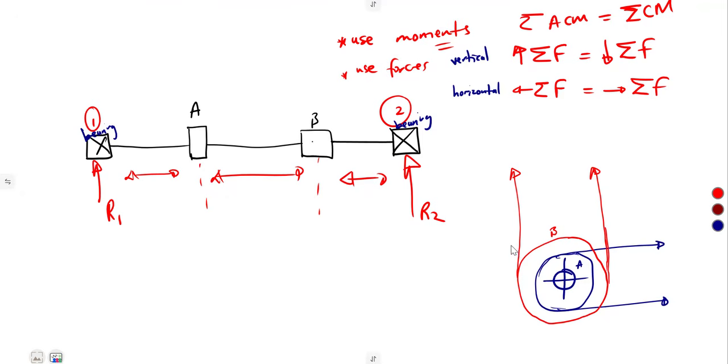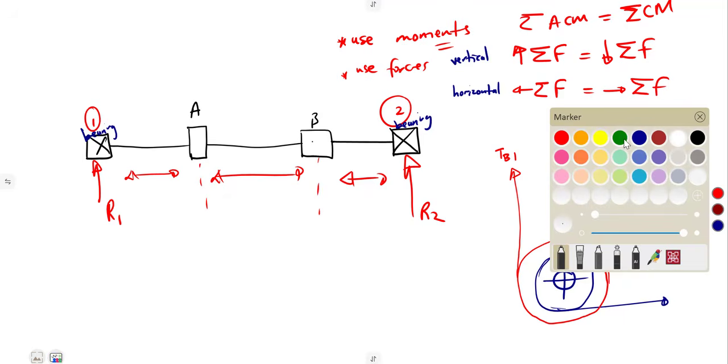B as a pulley has tensions, T1 and T2, the tight side and the slack side. As we are dealing with B, we can write TB1, or T1B, depends what you want, and TB2. This is the tight side and this is the slack side of B.